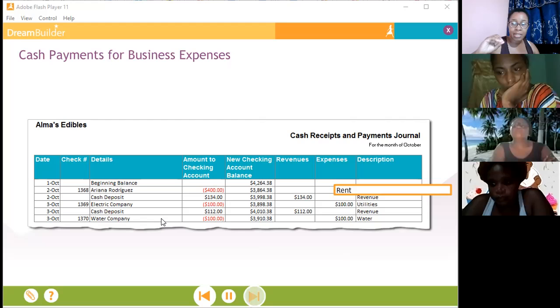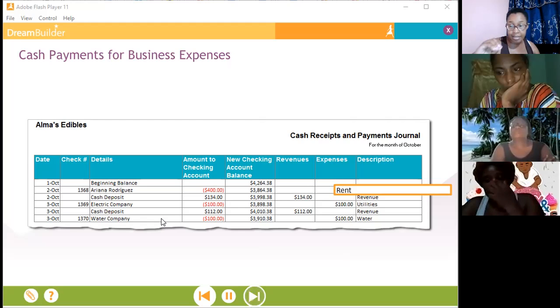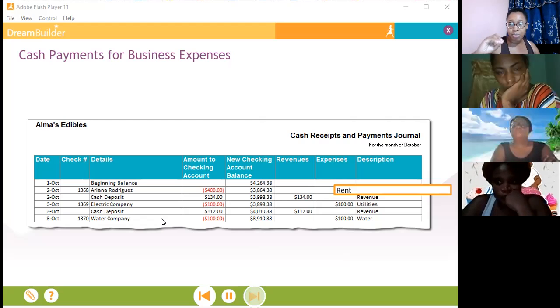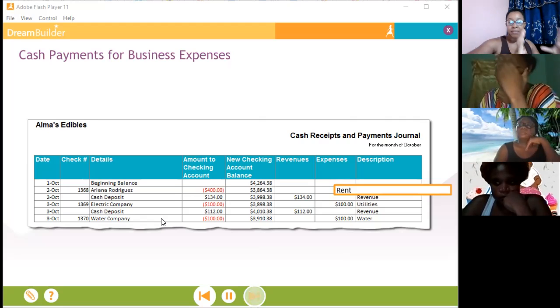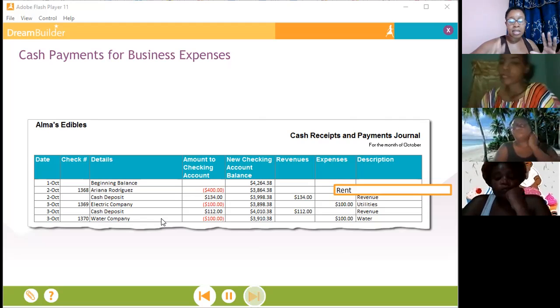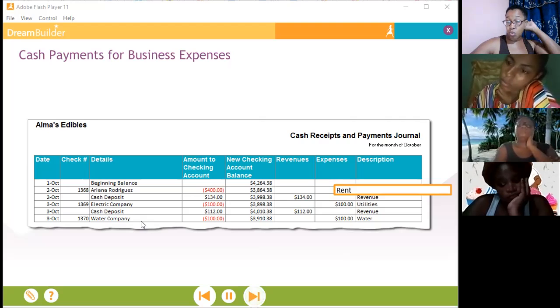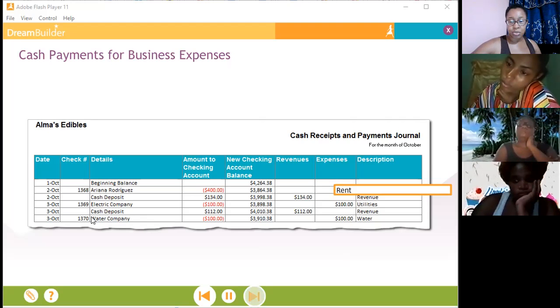But the thing about it is, as soon as a transaction is complete, whether money goes out or money comes in, you record it. If you have it on a scrap, fine, and then at the end of the day you transfer it to your journal so that it is done in a neat, organized way.